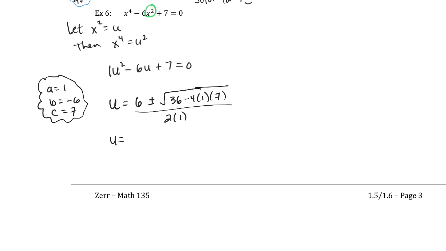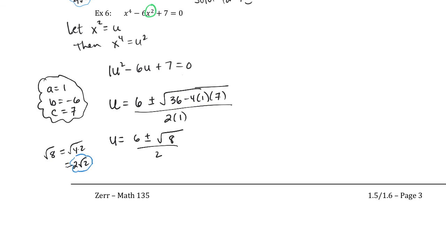And then simplifying a little bit, we've got 6 plus or minus the square root of 36 minus 28, that is 8, all over 2. The square root of 8 simplifies down because 8 is 4 times 2, so that would simplify to 2 root 2.